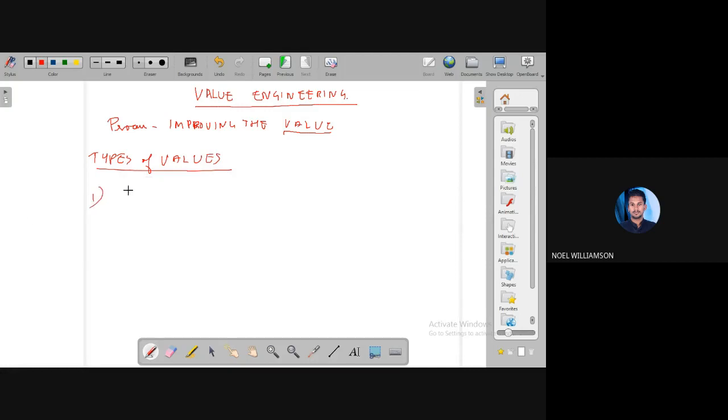First one, cost value. Cost value is the value mainly associated with the cost. That is, everything related to the cost of a material, labor, etc. This all comes under the cost value.